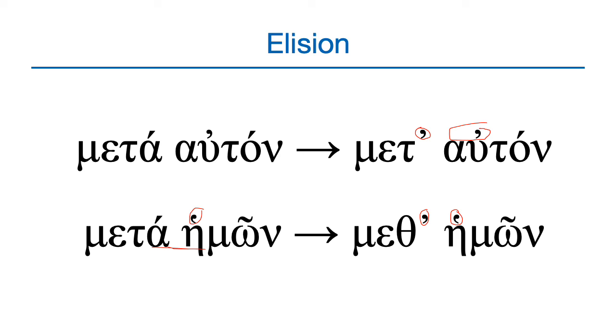Oh, I see why. Tau becomes theta because the next word begins with a vowel and a rough breathing. Before it was met auton, which begins with an alpha, but it does not have a rough breathing on top of it. That's the difference.